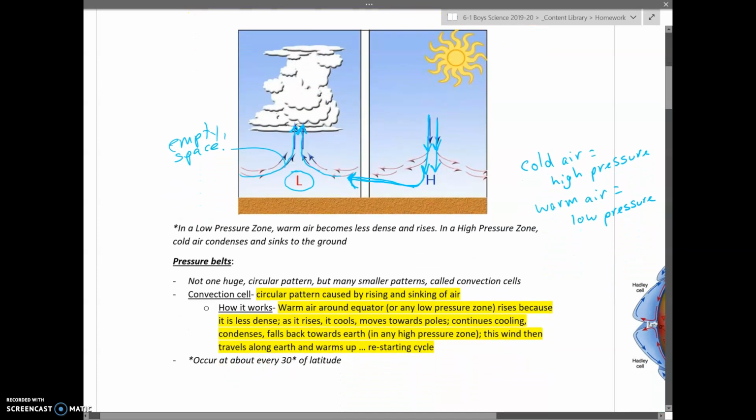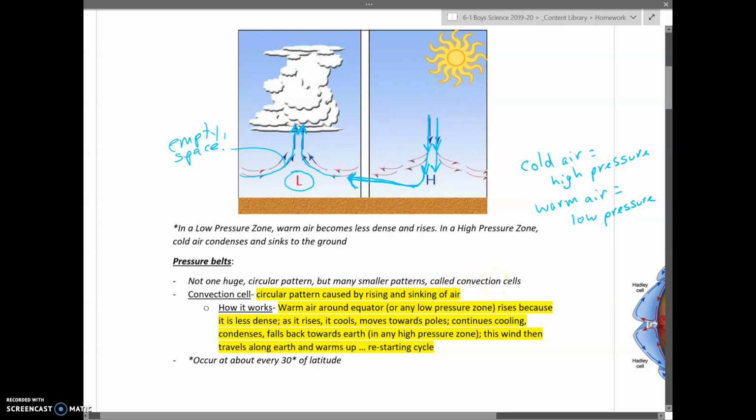So you may be wondering, how does this process happen more specifically? Pressure belts are a name for where these cycles of warm rising air and cold sinking air happen. It's not one huge circular pattern across the whole of the Earth, but there are many smaller patterns called convection cells.